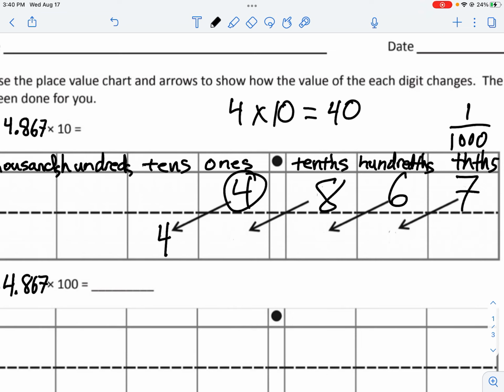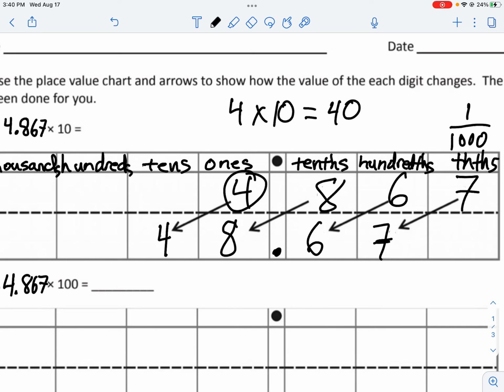So this 4 is 10 times as much as the other 4, because we're multiplying it by 10, so we're putting it in the tens place. Then we put the 8 here, and don't forget that our decimal is represented here with this double line, and then we have a 6 and a 7. Each one moved to the left by 10.